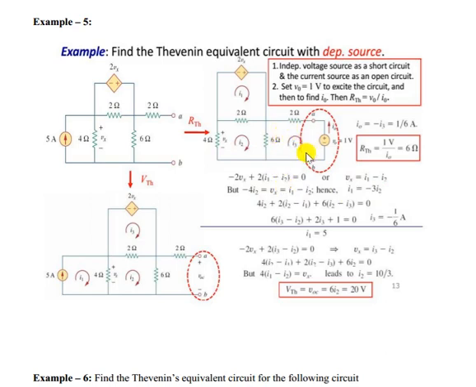Now writing KVL at mesh 3, what we can write? 4I2 plus 2 into I1 minus I2 minus I1 plus 6 into I2 minus I3, at KVL at mesh 2, equal to 0 across this loop.